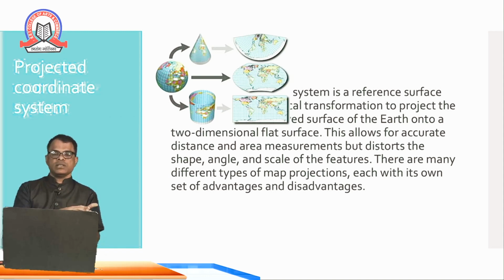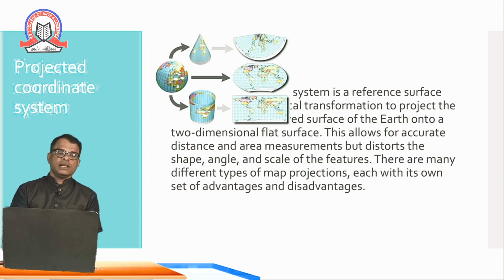We have to imagine it as a two-dimensional flat surface. This allows for accurate distance and area measurement, but distorts the shape, angle and scale of the feature. These are mainly different types of map projections, each with its own set of advantages and disadvantages.